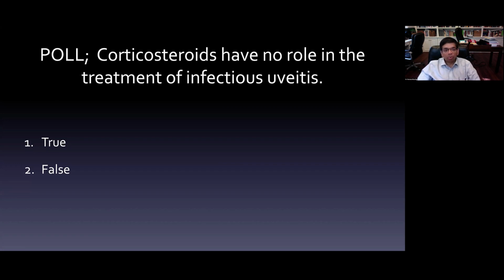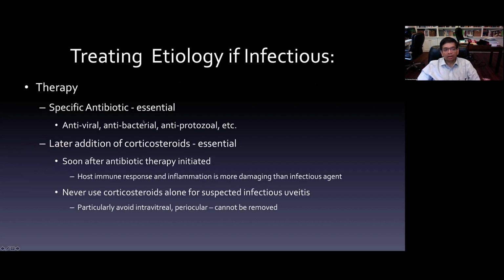This is a very important point that we need to think about when you're treating a patient and you don't know necessarily the etiology of the inflammation. If you think it's infectious, a specific antibiotic is essential. If you don't know if it's infectious or not, put the patient on the worst thing that it could be that is infectious.